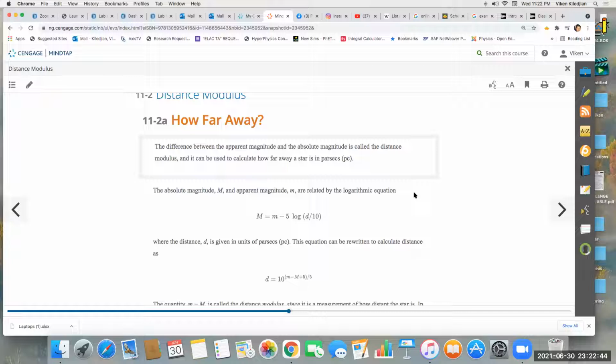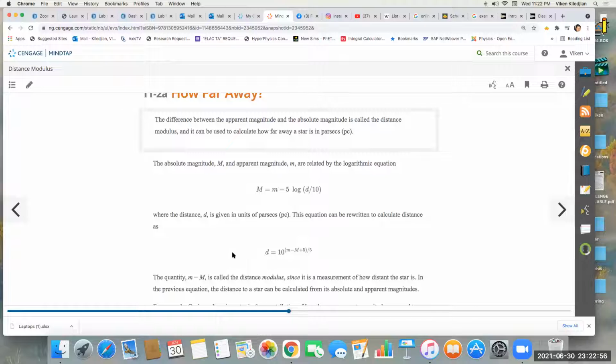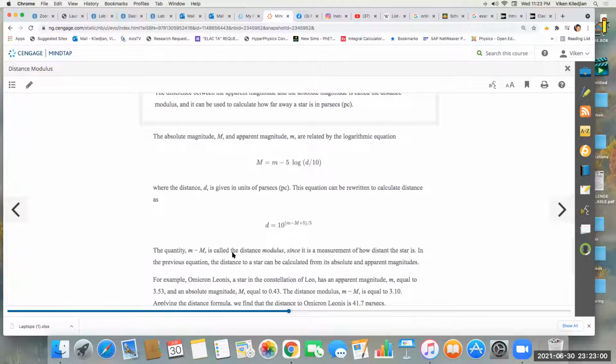They are related by the logarithmic equation: big M is equal to little m minus 5 log d over 10, where the distance d is given in units of parsecs. The equation can be rewritten to calculate the distance as follows: d is equal to 10 to the power of (m minus M plus 5) over 5.